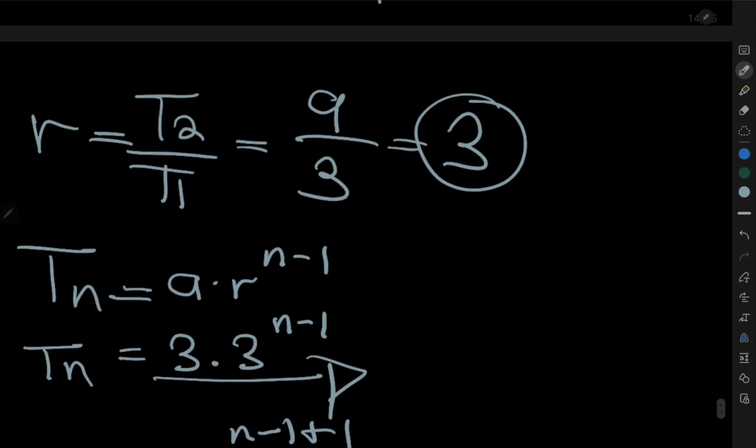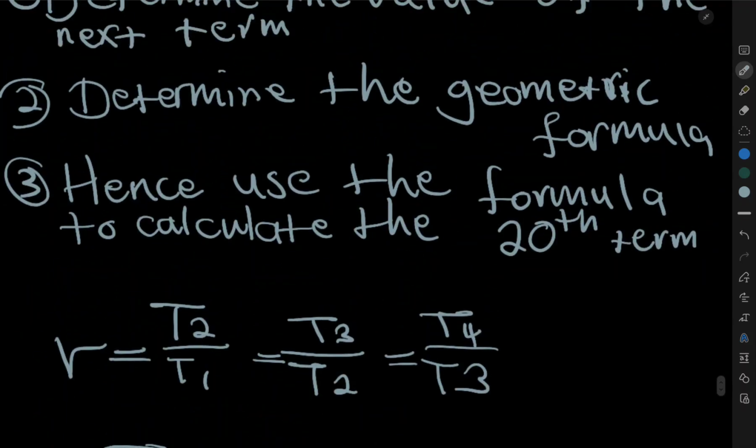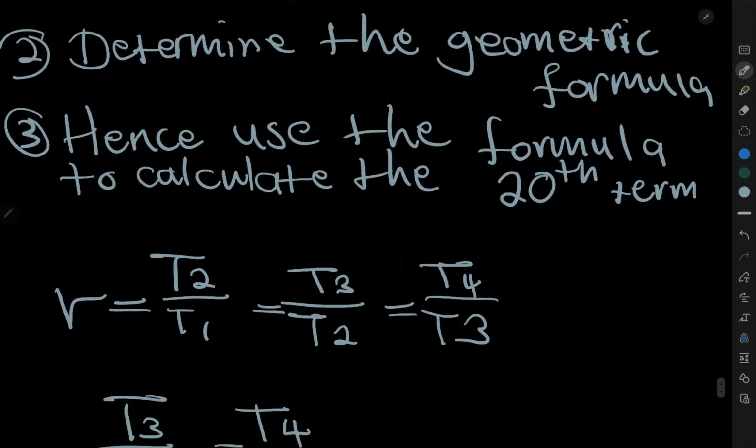It's your choice. So the next question says, hence, use the formula to calculate the 20th term. So they want us to find T20. So we're going to use the formula to calculate T20. And we know that that's 3 to the power of 20.